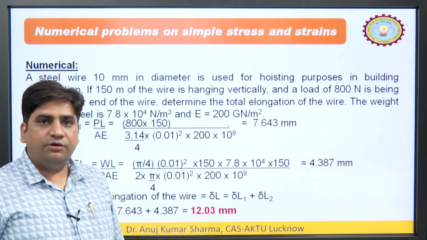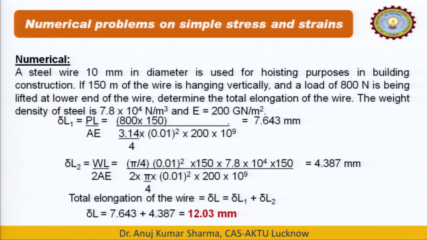Now, we will take another numerical, which has a combination of two formulas. Here we can see a steel wire 10 mm in diameter. It is a cylindrical wire having 10 mm diameter, used for hoisting purposes in building construction, 150 m long. So, let us highlight the data given.